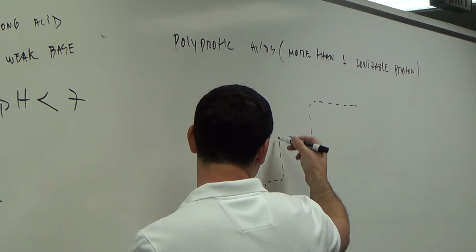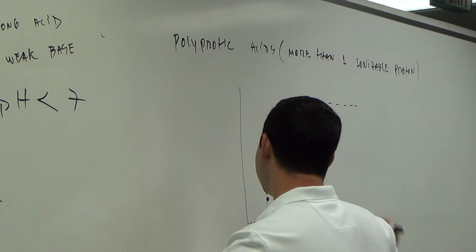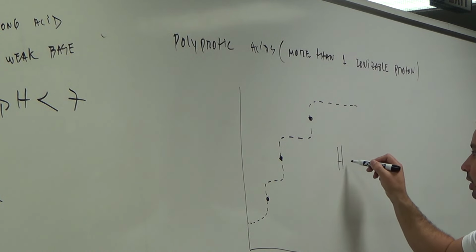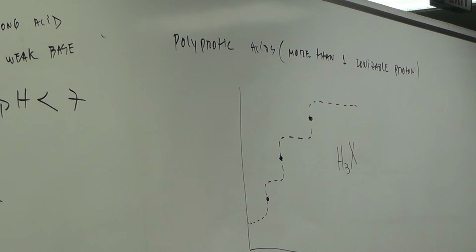There is another equivalence point here sloping up. There is another equivalence point here sloping up. How many equivalence points does that have? 3 equivalence points. How many ionizable protons does that have? 3 ionizable protons. So this acid should look like this: H3X, whatever letter it is, with 3 ionizable protons.